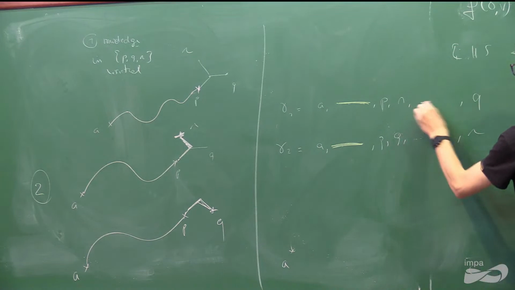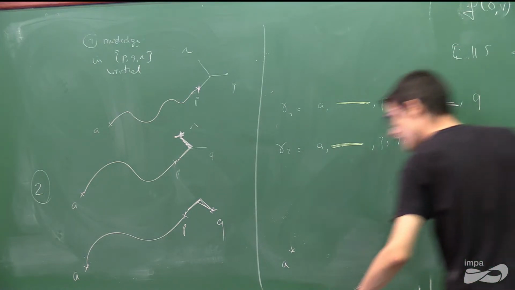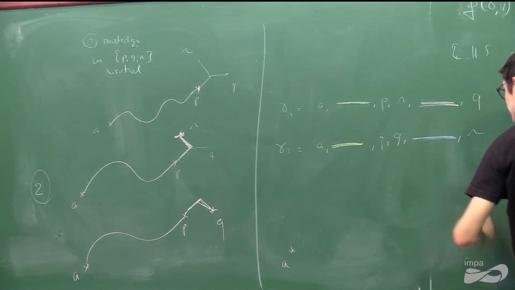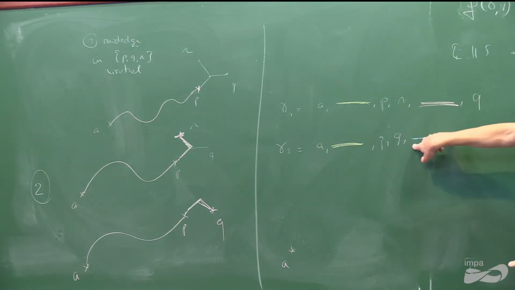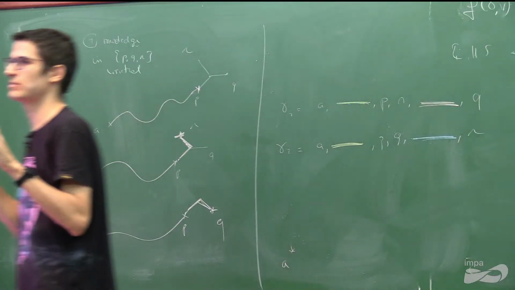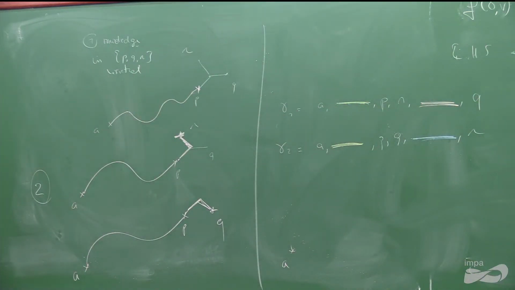And here, this sequence and that sequence are the same, except that this one is read in the reverse order. So if these two paths have exactly this relation between them, then they satisfy what I've said.